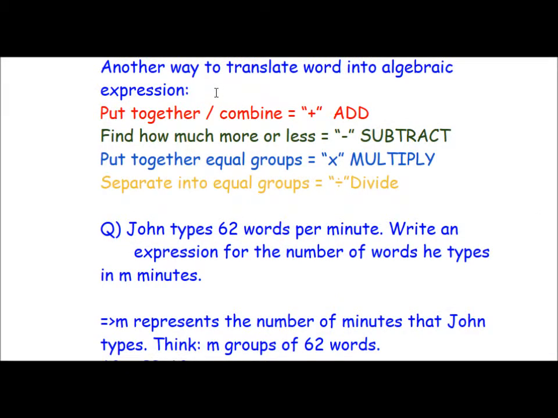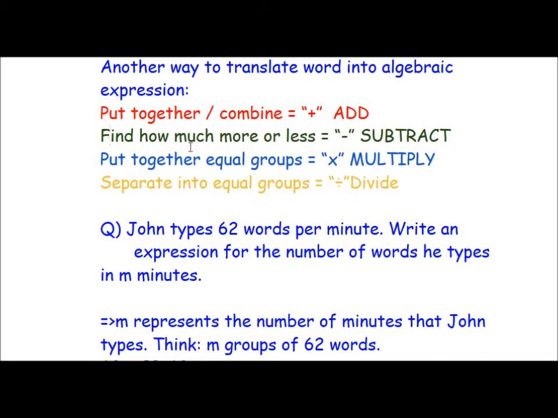Let's see another way to express an algebraic expression. Whenever there is wording like put together or combine, we automatically understand that the expression will have an add sign.